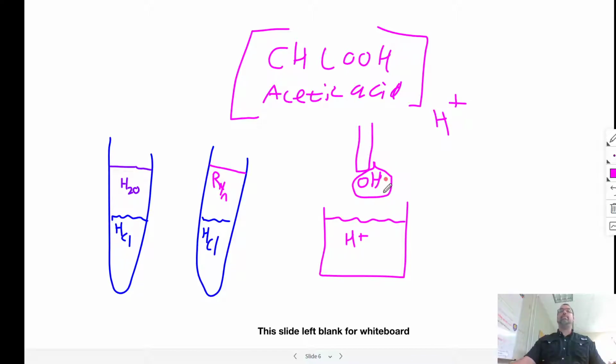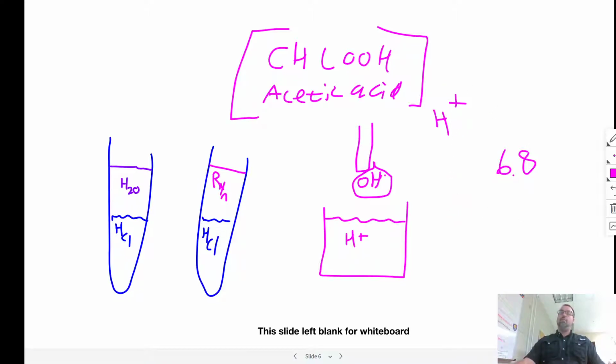And what happens is that when this drop and this drop come together, they're going to end up making water, okay? And if we have an indicator in there that helps to judge the pH, we'll be able to judge when we have run out of H pluses, okay? So I gave you an indicator that indicated when it was at a pH of about 6.8, okay?